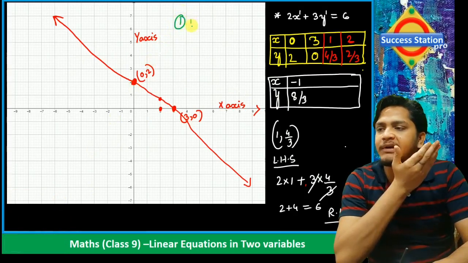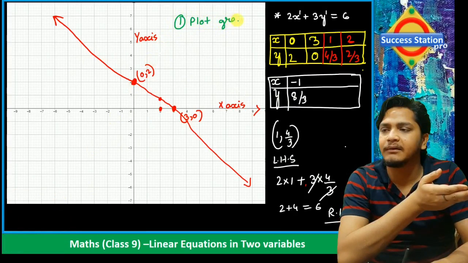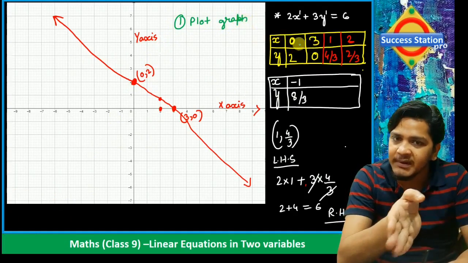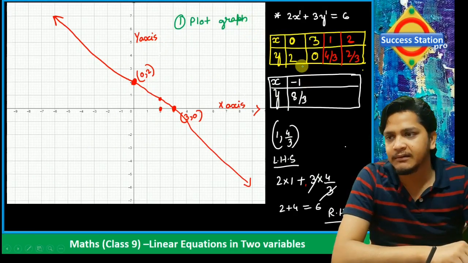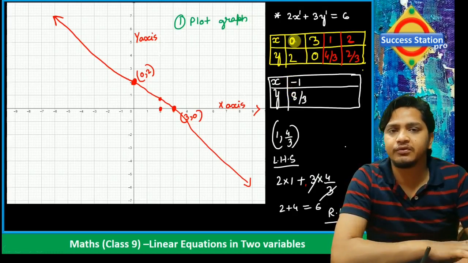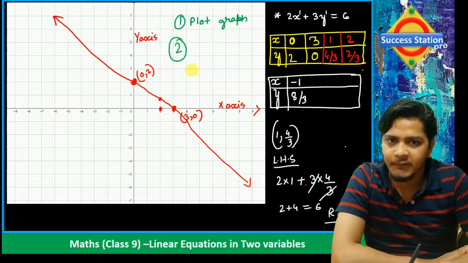For plotting the graph, you will have to get the points first. You will get the points by this method. Let x equal something, then you get y for that. But try to use this 0 method first. Clear? Okay.